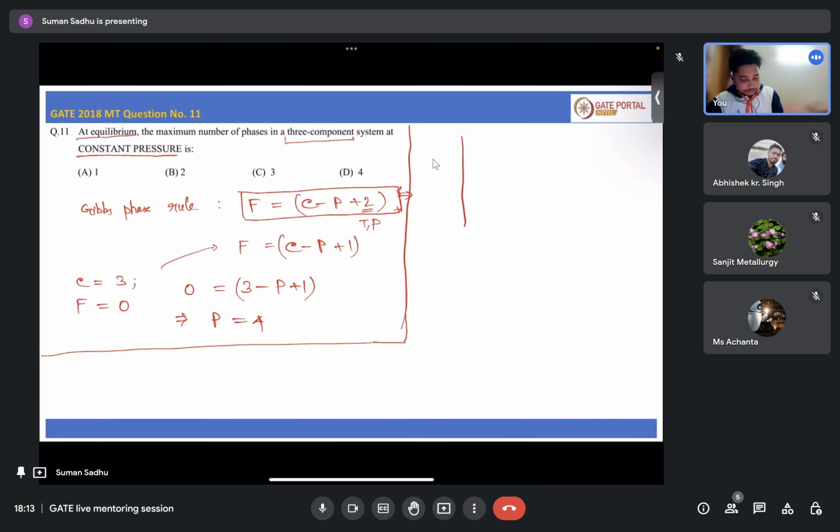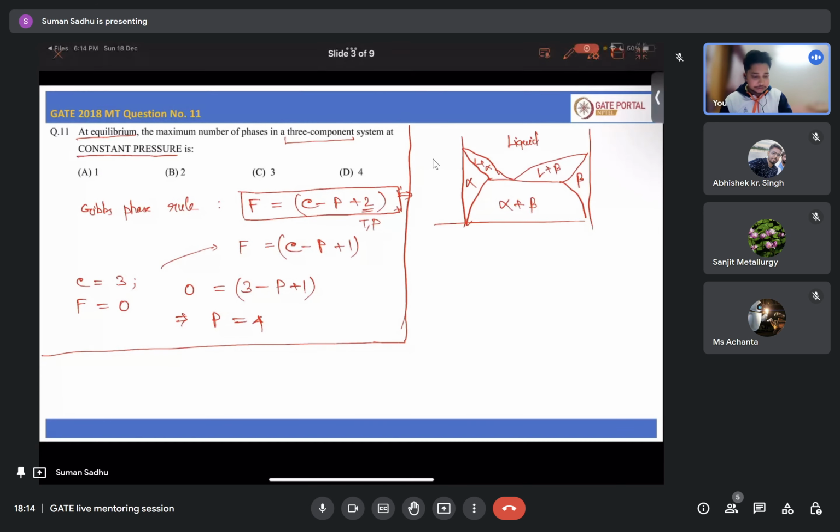So let us consider one phase diagram. Let's say this is alpha, this is beta, this is alpha plus beta, and this is your liquid. So this will be liquid plus alpha and this will be liquid plus beta, right?